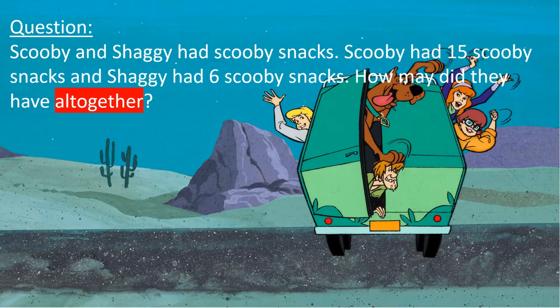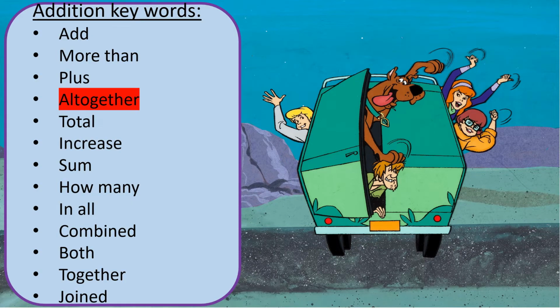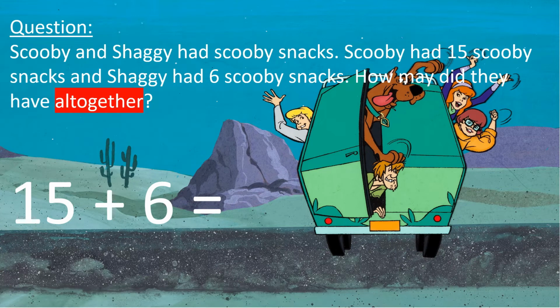The clue that we have found is altogether. Do you remember in the list that we had written altogether? That means it is a clue that tells us we have to add 15 with 6. We have highlighted altogether in the addition keywords list. We have written out 15 add 6. 15 add 6 gives us 21.